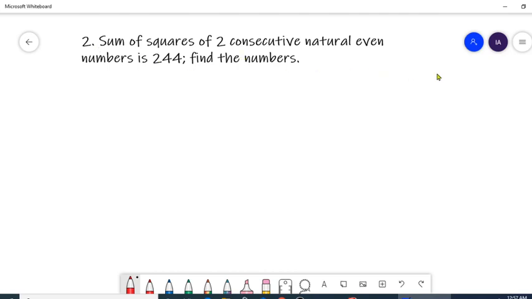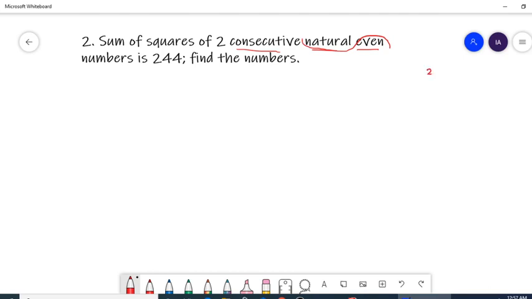Sum of squares of two consecutive even natural numbers is 244. Find the numbers. First we need to understand what is meant by consecutive even natural numbers.